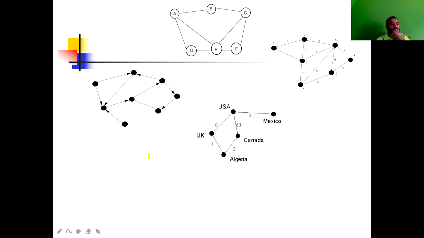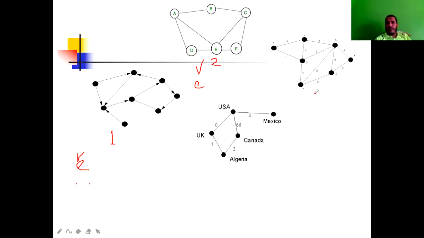Next, for figure 1, find out the set of vertices V, the set of edges E, and the in degree and out degree of each vertex. For figure 2, do the same exercise: write down the set of vertices V, the set of edges E, and the degree of all the vertices.